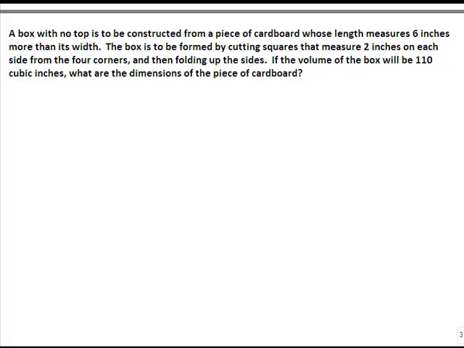So first you have to understand how this box is being constructed. What we're doing is starting with a rectangular piece of cardboard, and we're going to cut out little square corners. If you imagine cutting out those little corners, what you'd be left with is a shape like this.